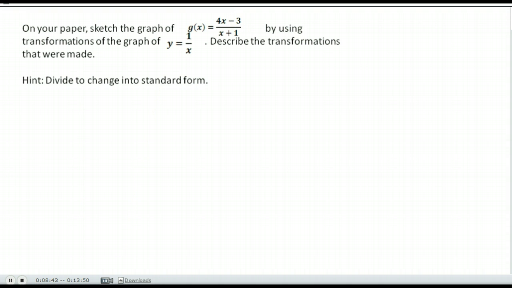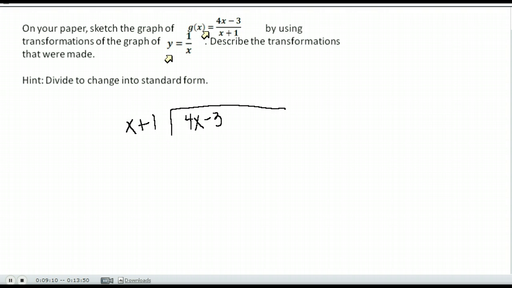Okay, there are a few that are not going to be in standard form. This one, for example, is not, and I know it's not because there's an x in the top, and our standard form doesn't have an x in the top. So what we do is we divide so that we can change it into standard form. So we do long division, and we divide x plus 1 into that 4x minus 3.